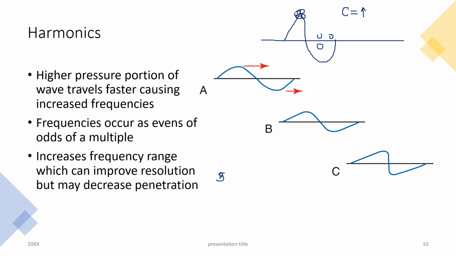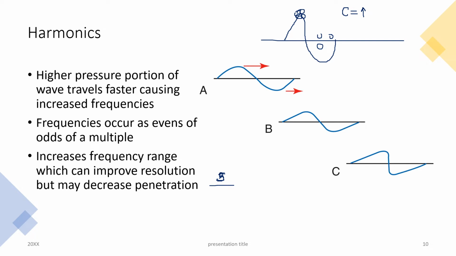frequencies. So we call those frequencies harmonics. So if I'm scanning with a 5 megahertz transducer and I know as sound propagates through that body, I'm going to get faster and faster frequencies, my system is actually going to be operating at multiples of that operating frequency.